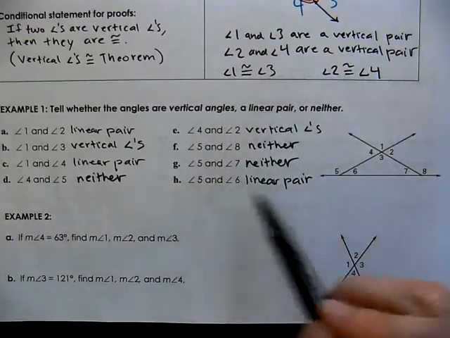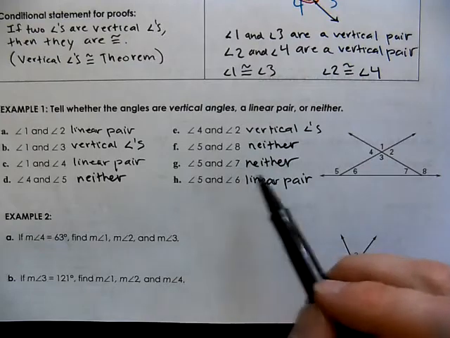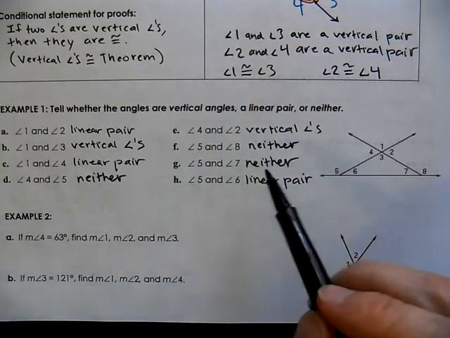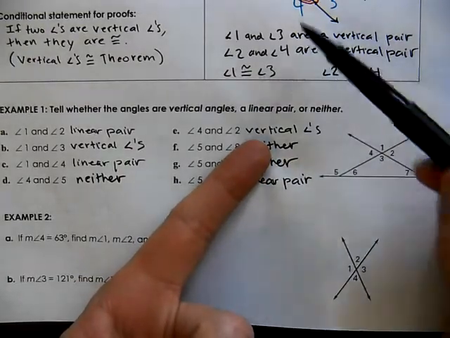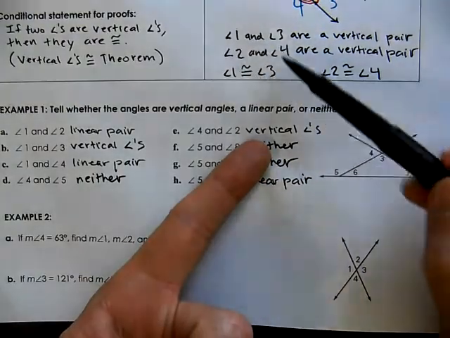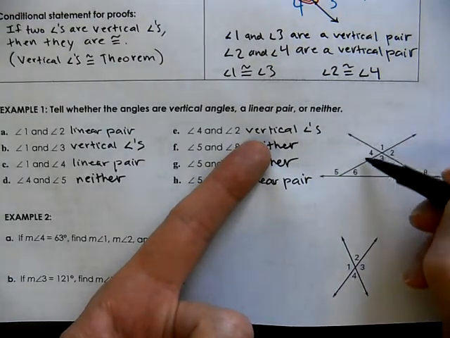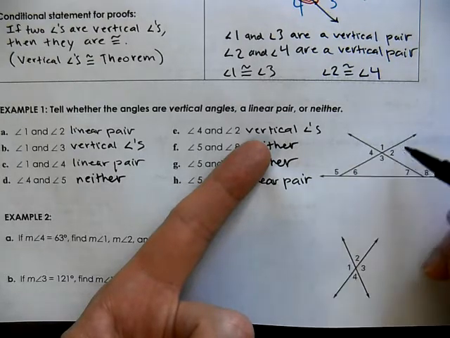Now the reason why it's necessary to get good at identifying what kind of angles we are working with is that it will then determine what kind of equations we're going to set up. Remember, we said that vertical angles are congruent. That means they're equal in size. So if we were solving an equation, we would set these angles equal to each other.